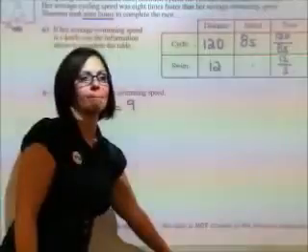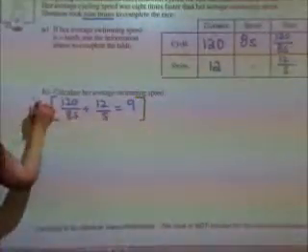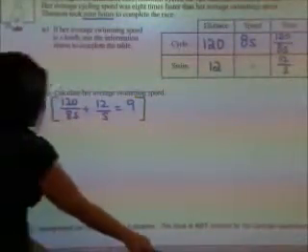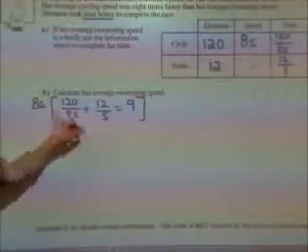And then how would we solve this? What's our steps for solving? Multiply everything by 8s to get rid of that denominator. So when I multiply 120 over 8s by 8s, they're going to cancel out.